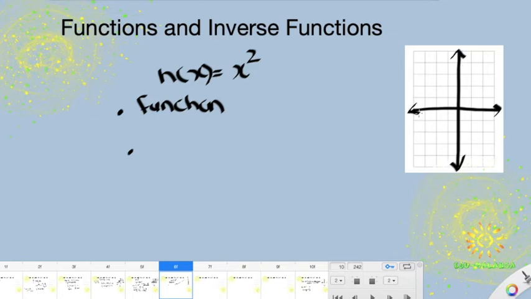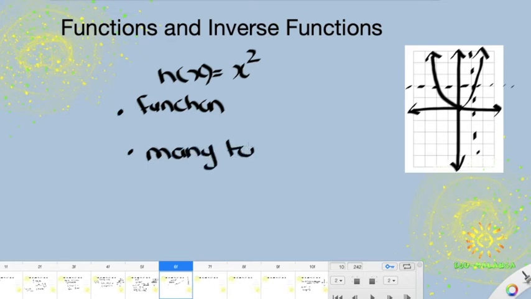So what you get is the same thing, and I'm going to redraw the graph, not perfectly, but we get the relationship. So I've drawn a horizontal line. The vertical line crosses once. A horizontal line is one that is parallel to our horizon. It crosses twice, so what we call that is a many to one relationship. It helps us decide what kind of function we have, because we've said it's a function.